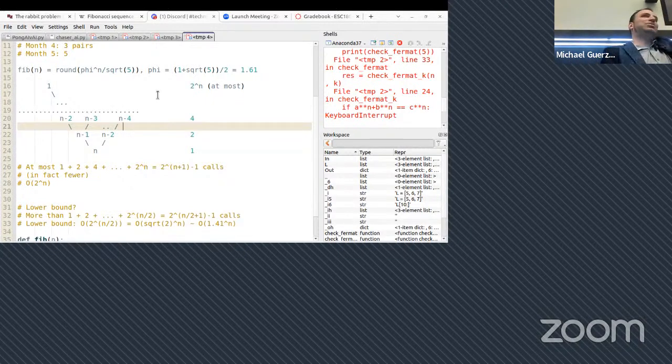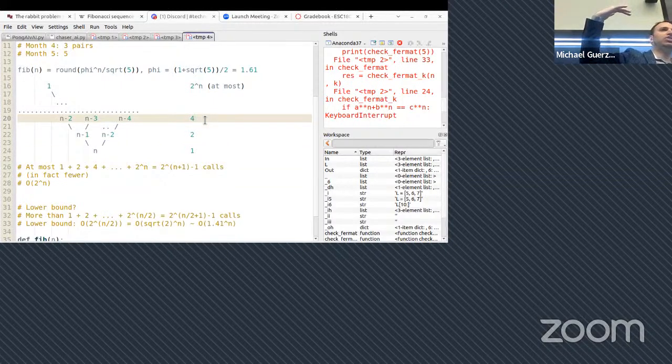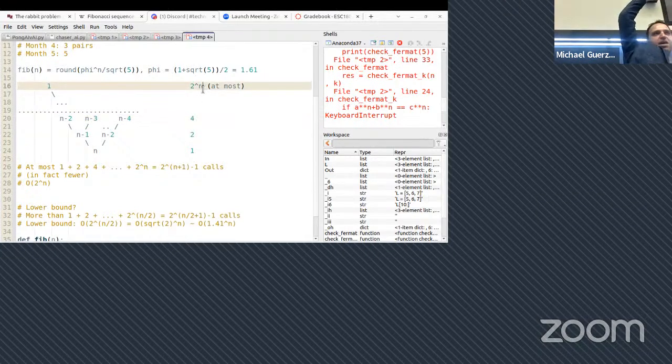But if you go in steps of -2, then there are n over 2 levels to get to 1. And then this computation where I'm saying level 0 is 1, level 1 is 2, and level 2 is 4, that's going to be an exact computation. If I go n steps up, it's not really going to be 2 to the n, because there's not going to be anything over here. Here I only go up to 1 in steps of -2. Make sense?